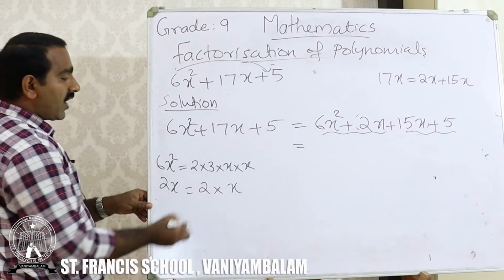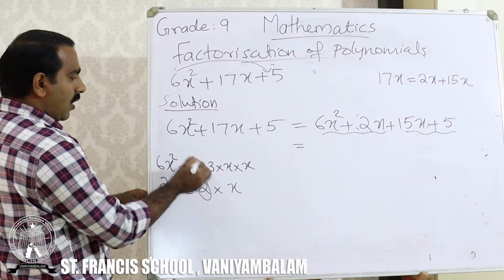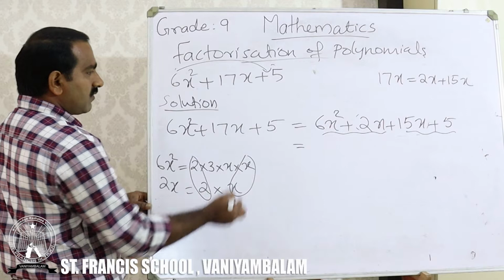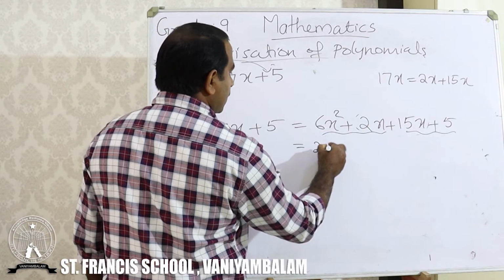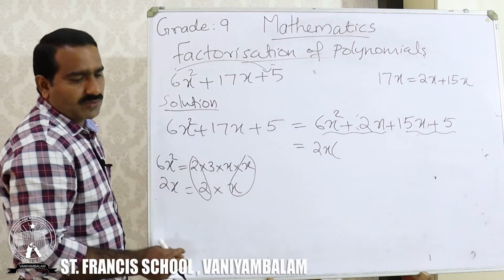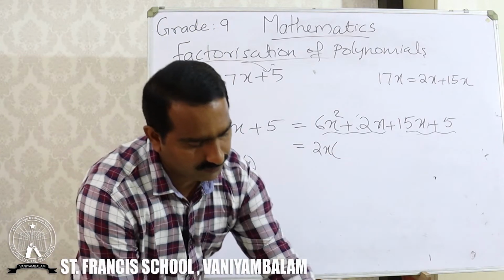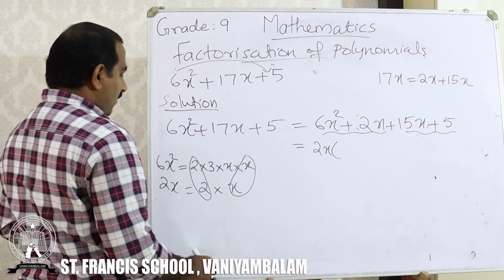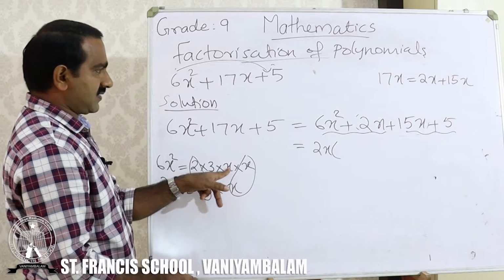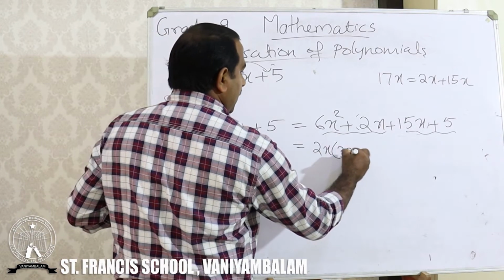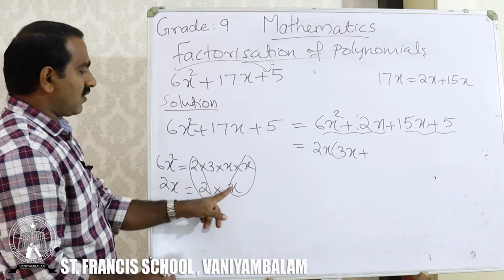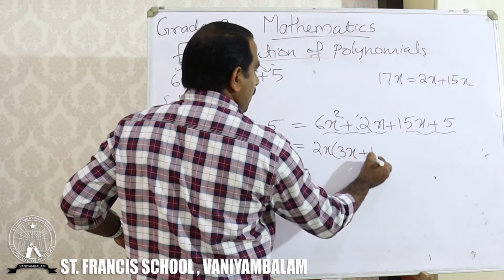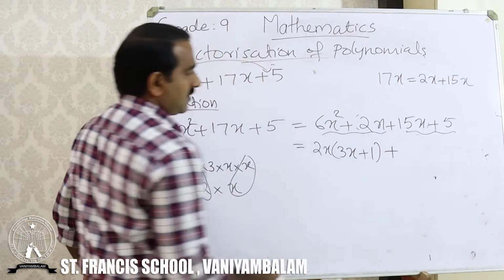Now find the common factors. 2 is common, x is common. So we can take 2x outside, 2x into 3x plus 1.